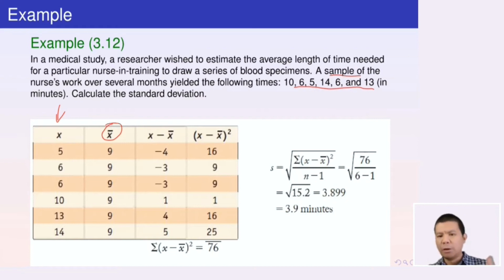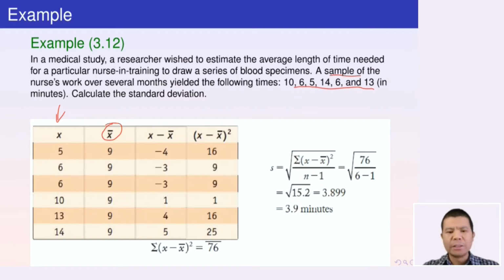You can put them in the original order if you want to, but make sure that you have all the values in the first column. So I have 5, 6, 6, 10, 13, and 14, a total of 6 values. In the second column, I just put x bar, that is the calculated mean.